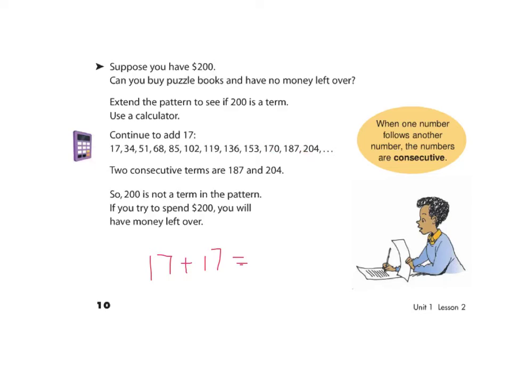And I notice I go from 187 to 204. And those are what we consider consecutive terms, one number that follows another number. And so there's not going to be anything in between, so we know that you cannot spend exactly $200 and have no money left over. You could spend $187, but you would have money left over.